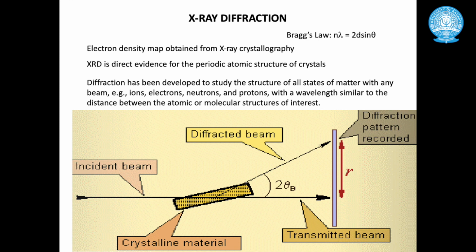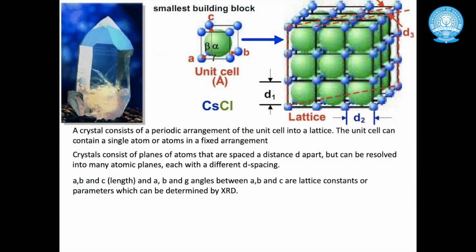So in X-ray diffraction, what happens is that in every compound there is an electron density map around each atom or each functional group. Essentially, X-ray diffraction data represents the electron density map of the molecule. So X-ray diffraction gives us direct evidence for the periodic atomic structure of crystals.